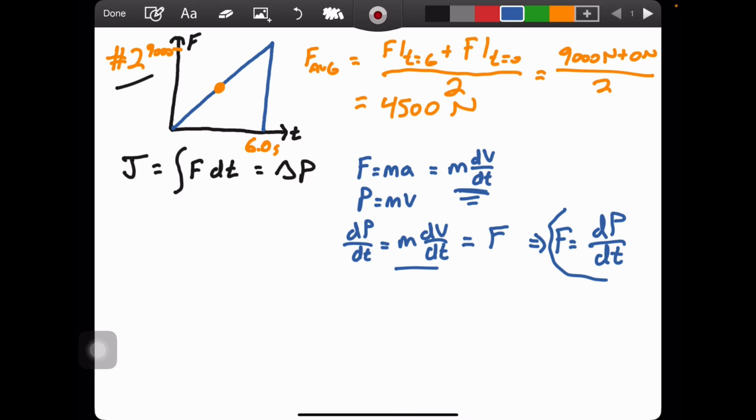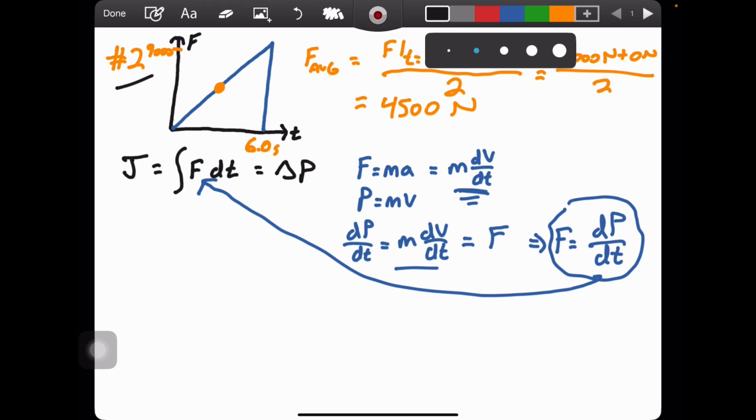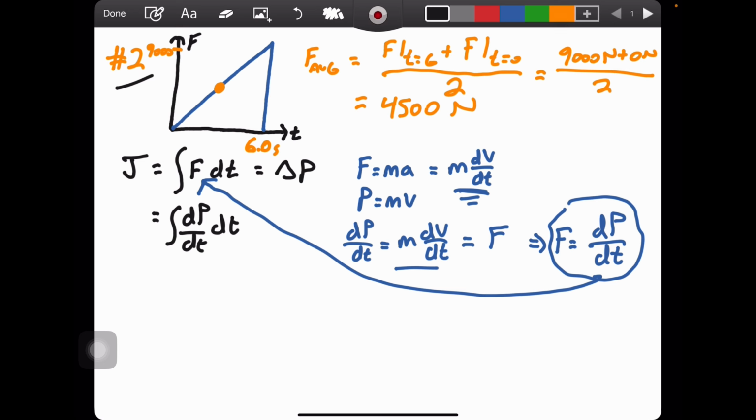So consider this term right here. Force is the time rate of change of momentum. If I take that term and plug it in right here for force, I get dp dt dt. Those dt's cancel.